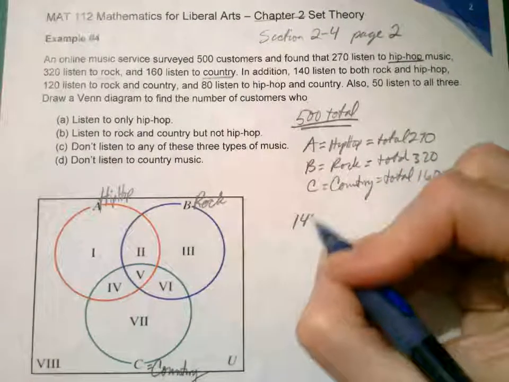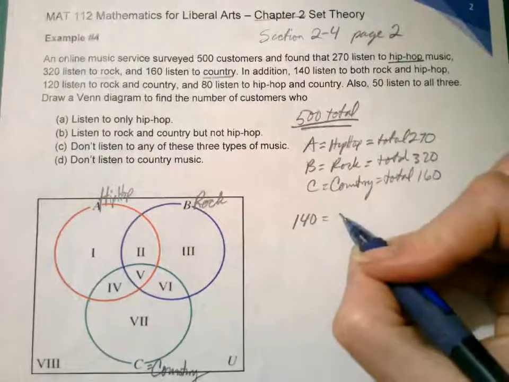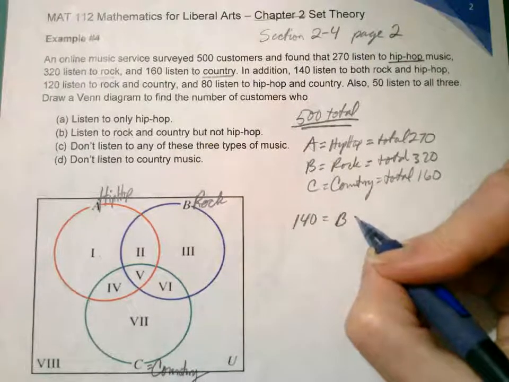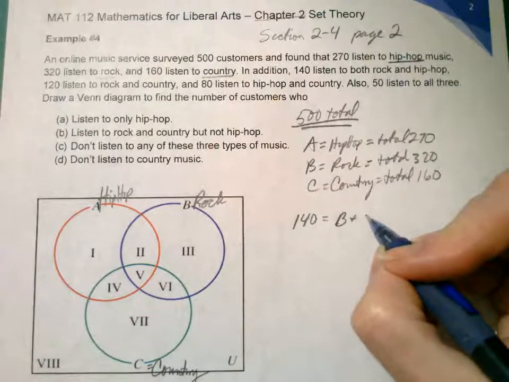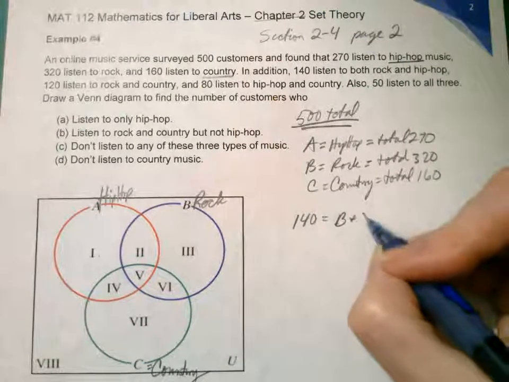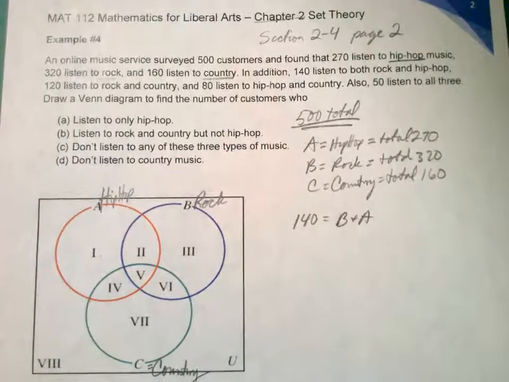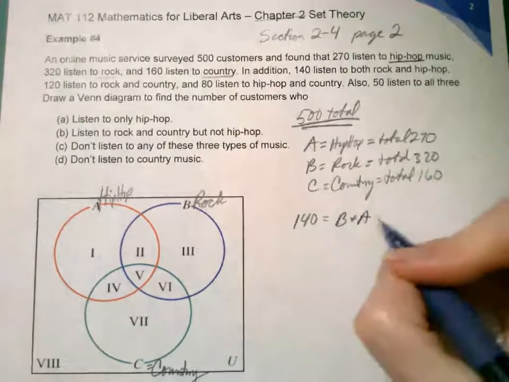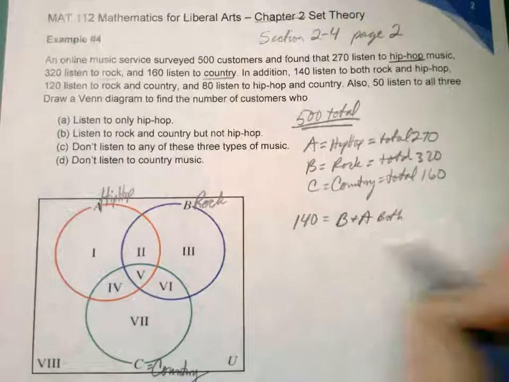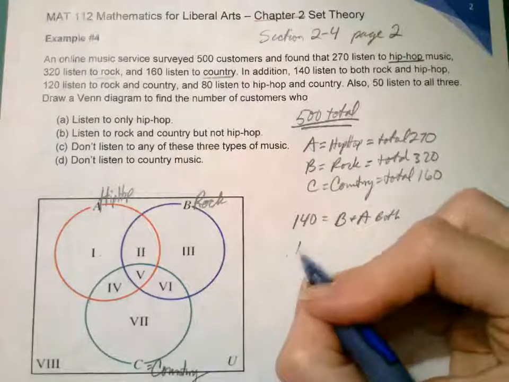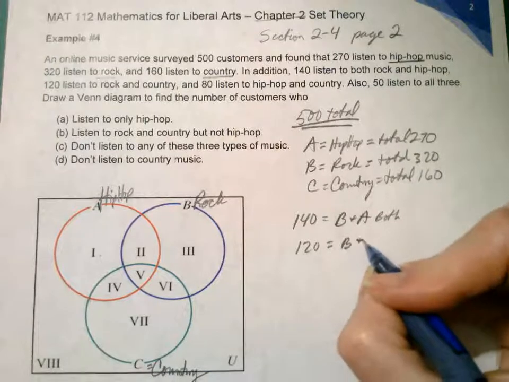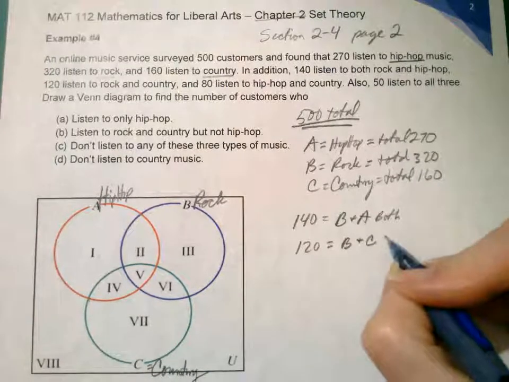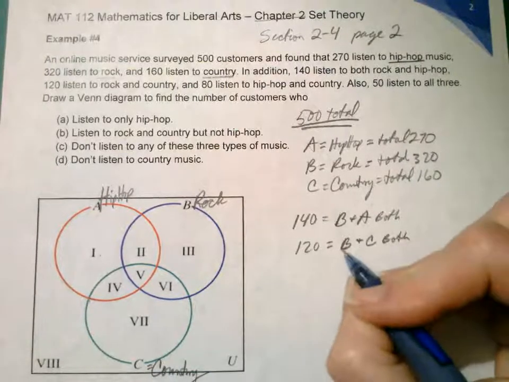It tells me 140 listen to rock and hip hop, which is A and B, both. And then 120 listen to rock, which is B, and country, which is C, both.